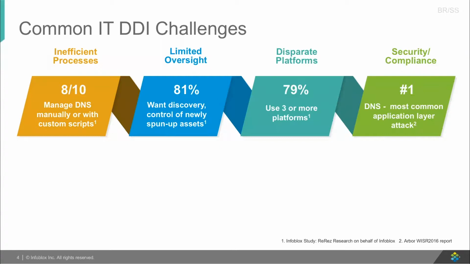Another area is limited oversight, because 81% of those surveyed wanted discovery. They wanted to be able to control those newly spun up assets, but it's hard to do that if you can't see everything that's on the network.